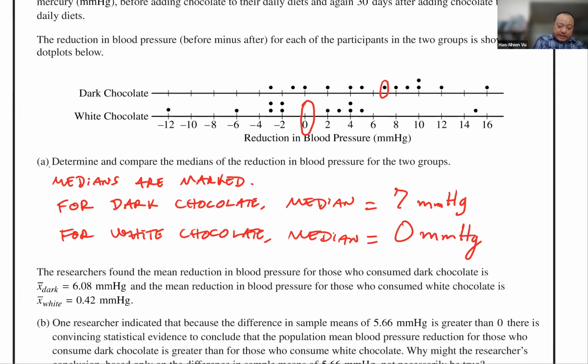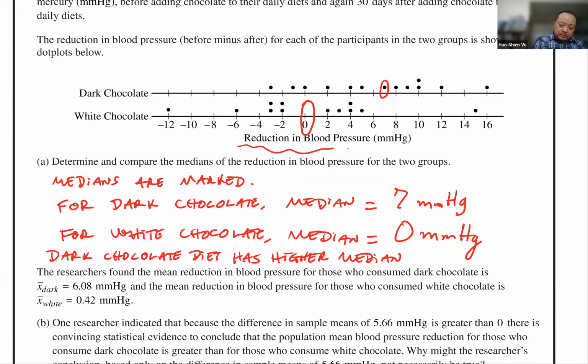All right, so I already did the determine part, so I still have to do the compare part. Dark chocolate has a higher median, and then whatever the variable is, reduction in blood pressure, than white chocolate.